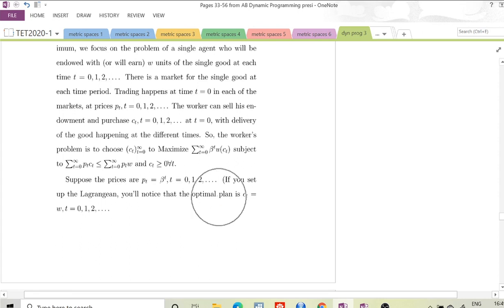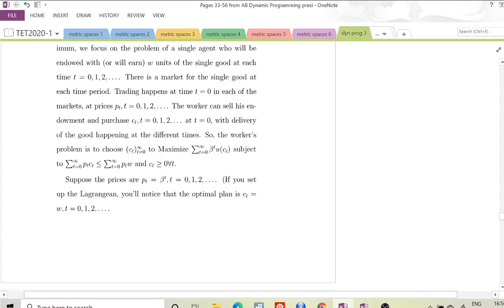So suppose a consumer is endowed with W units of the consumption good at each time t, and at time t equals 0 maximizes this discounted present value. All the markets for consumption at any time t open and close at time t equals 0, and the price of consumption of the t-th period good is p_t.